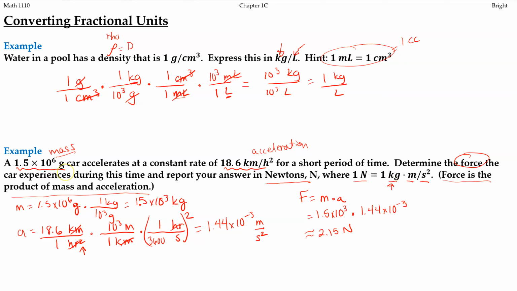So mass from grams to kilograms, kilometers to meters, and hours to seconds. Then at the end we just have to put it all together by the English description that's provided to us. We will get some more practice with this in class.